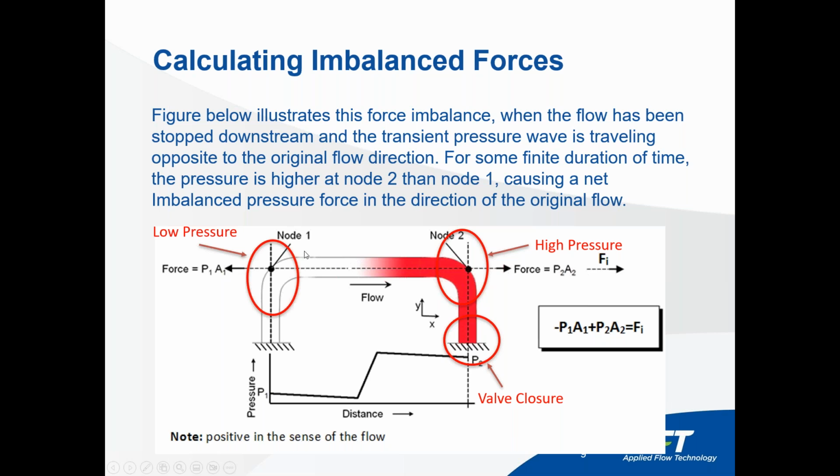And this pair of elbows sees a low pressure on this side. So we have high pressure here, low pressure here. This generates imbalance forces that act on this pair of elbows until this high pressure wave reaches the other elbow. So it's in dynamic equilibrium again. And so this section starts to see the imbalance force as the pressure wave travels upstream in the pipe.